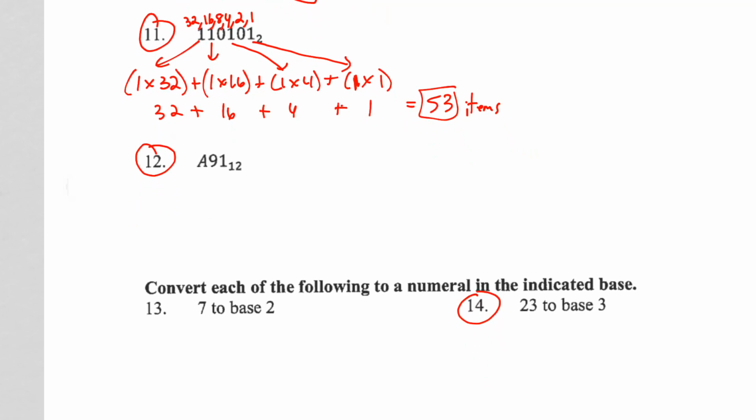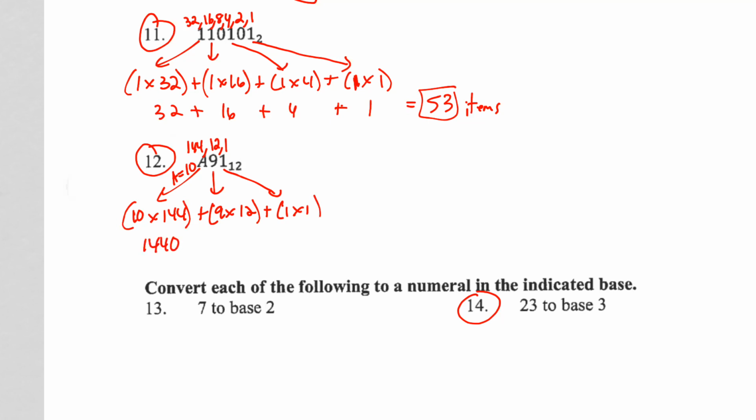Base 12. So we have 1, 12, and then 12 squared is 144. This A, remember that A equals 10. So this is really 10 times 144. This 9 is actually 9 times 12, and this is 1 times 1.